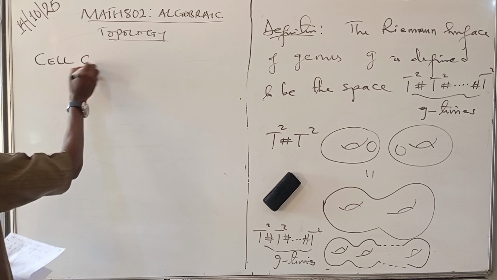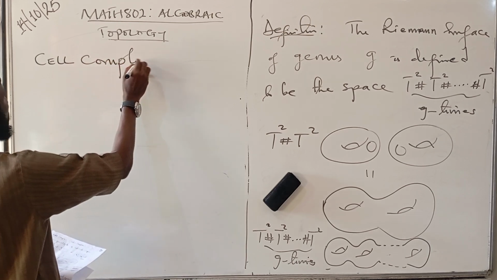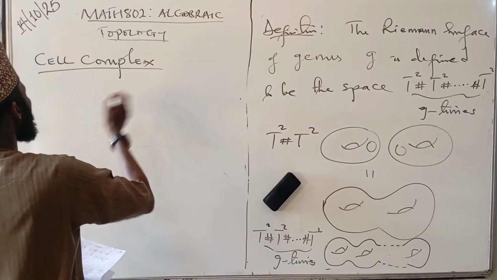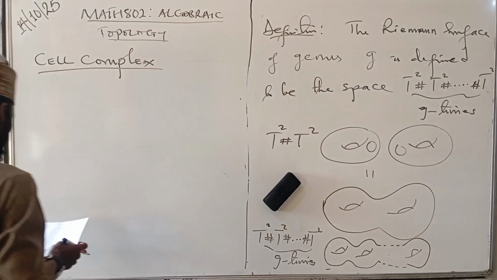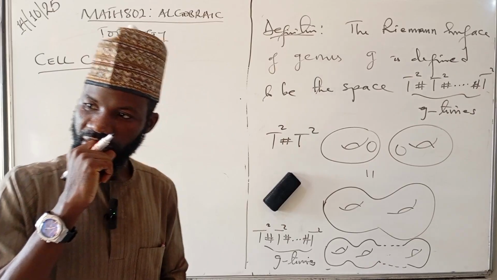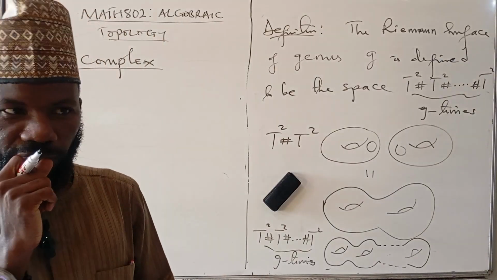So a cell complex is a generalization of the quotient space. It's a generalization of the identification space.